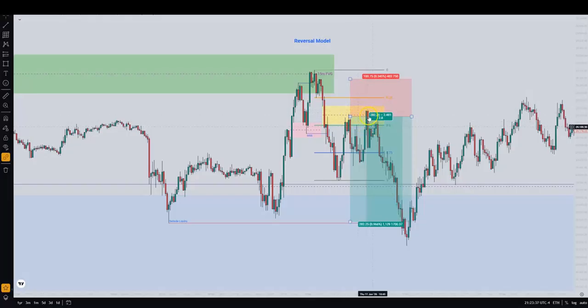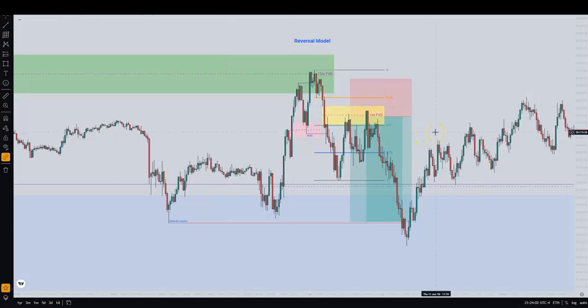You'll have been in a little drawdown here, but then price ultimately displaced lower, clearing out the sell side liquidity below these lows. So this for me, guys, is what I look for on a 1 minute time frame after having my higher time frame bias, my higher time frame fair value gaps and levels marked off. This is what I look for on a 1 minute or 30-second chart.